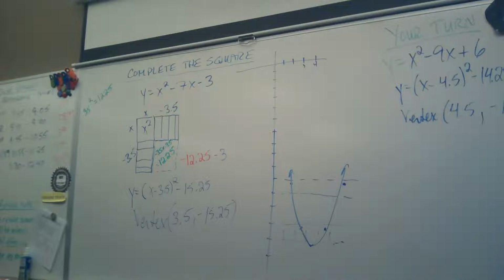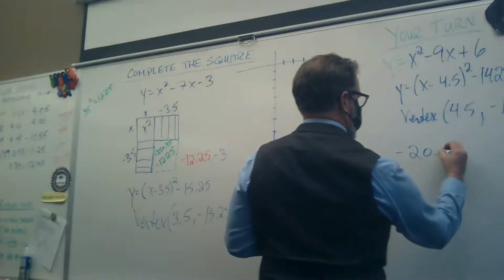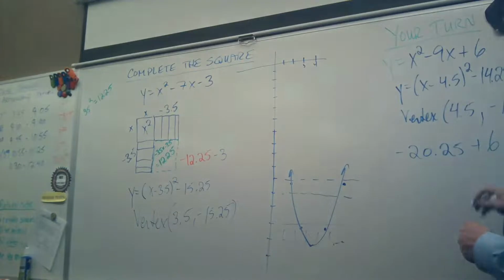But when you've got some number and you're adding or subtracting a small whole number, negative 20.25 plus 6, at some point people are going to look at you sideways and go, "Why does he always grab for a calculator? Why can't she do that in her head?"